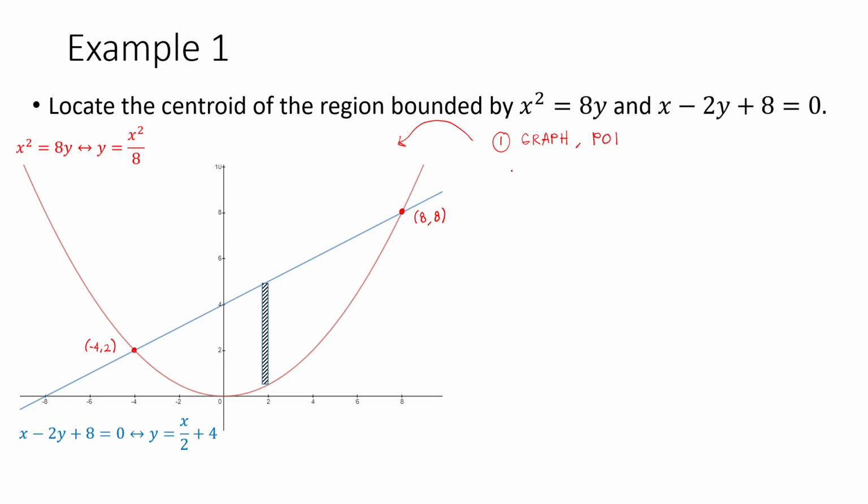Okay, so next step is, if you write the formulas above, bar x times area is equal to x sub c times the differential area. Then the other one is bar y times area is equal to y sub c times the differential area.